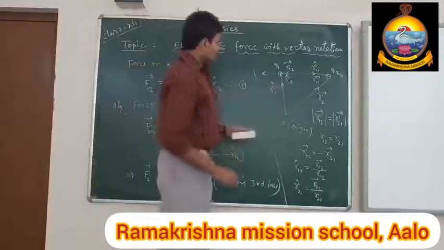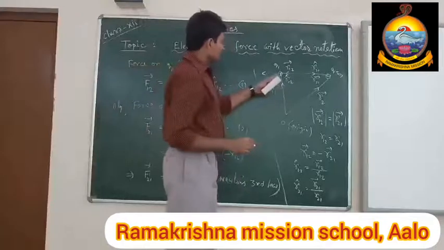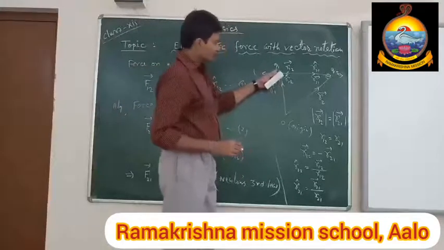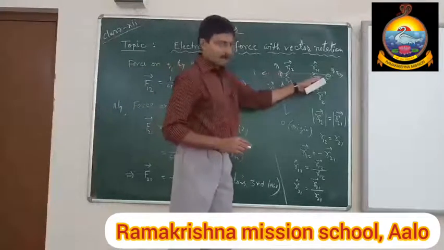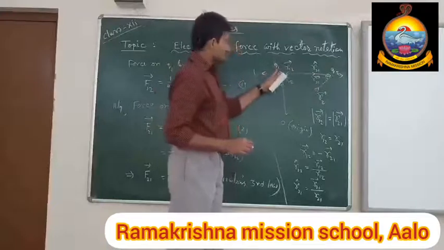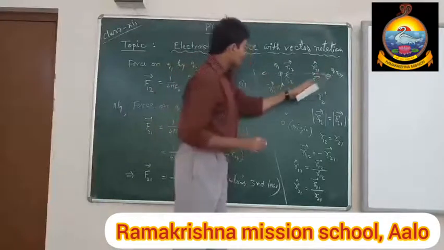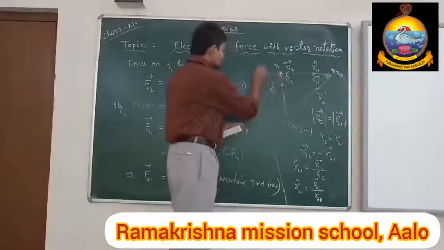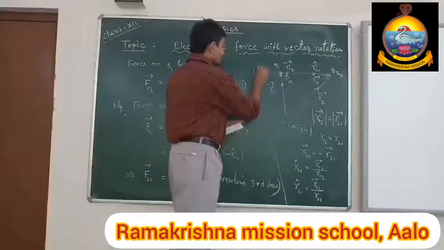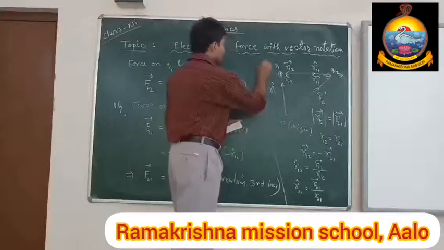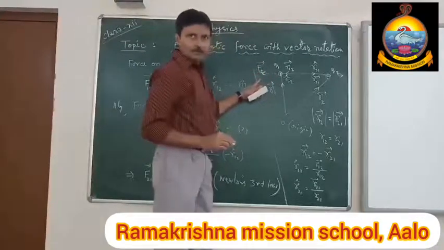Let us see here, when we are going to find the force on q1, we know like charges repel each other. Therefore, the force on q1 by q2 is towards this direction. This is the force on q1 by q2. I here denoted this force by F12.